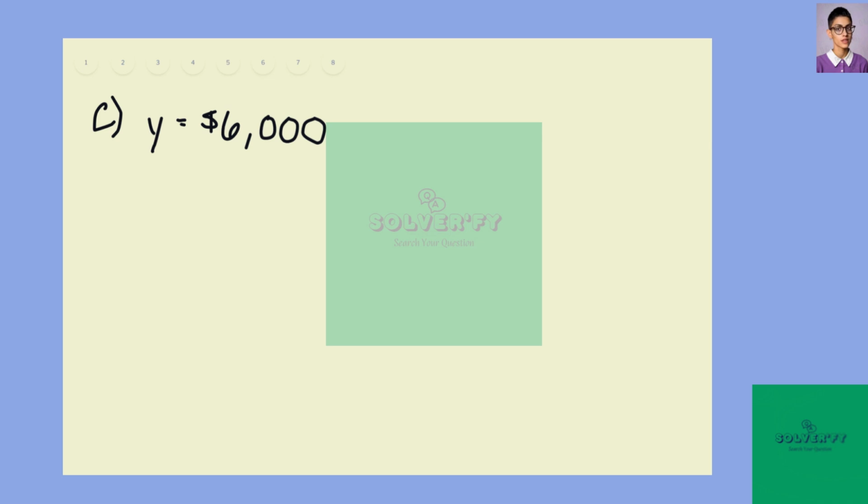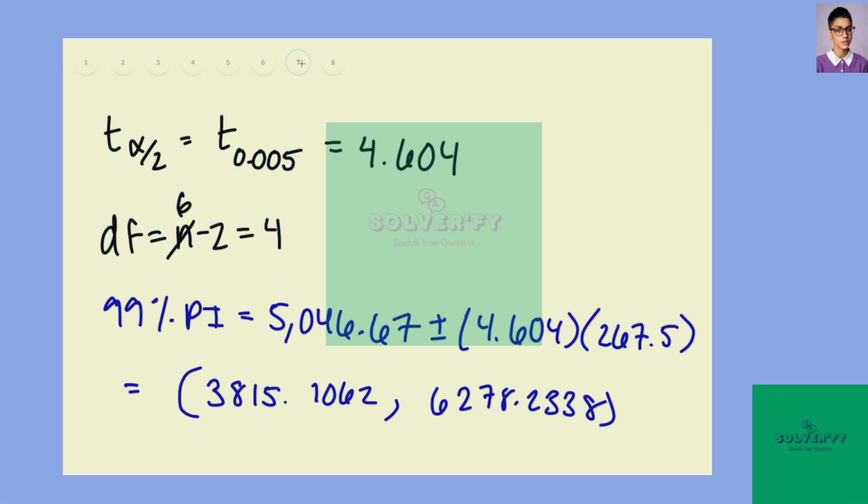No, they should not be concerned, because our interval contains the value 6,000. We are 99% confident that the true total cost for next month is between 3,815 and 6,278, and 6,000 lies between those two values. So the manager should not be concerned.